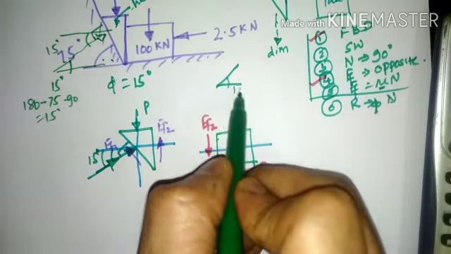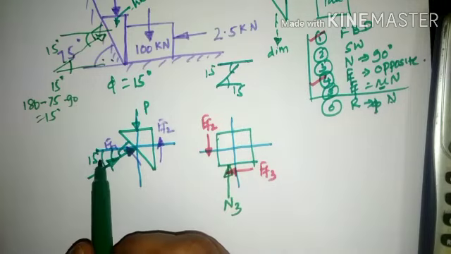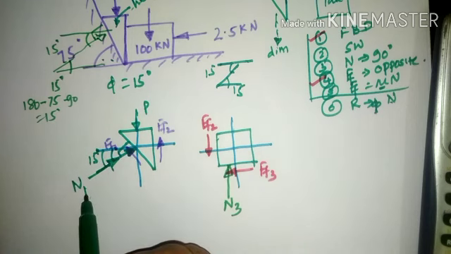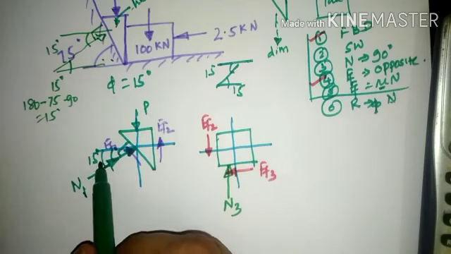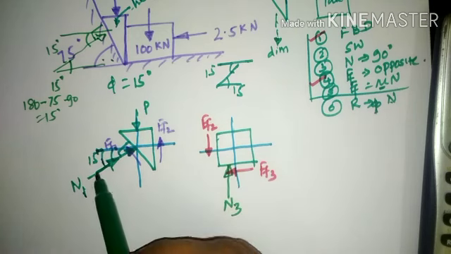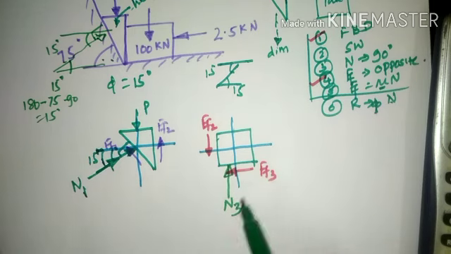If 15 degrees is formed with respect to the horizontal plane, with respect to the x-axis again it shall be 15 degrees. That is the reason why the normal reaction, as this is F of f1, I shall call N1. So N1 will make an inclination of 15 degrees to the plane of contact here, and N3 will be horizontal at this particular location. So these are the directions of N1 and F of f1, N3 and F of f3.